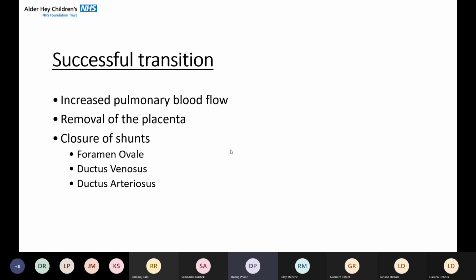For example, in hypoplastic parts, they try to give maternal oxygen to increase oxygen and drop the PVR of the child with the affected chamber, to force more flow through and therefore grow the chamber.